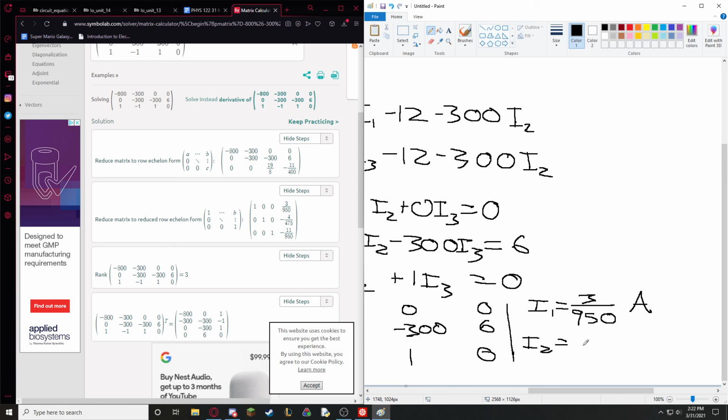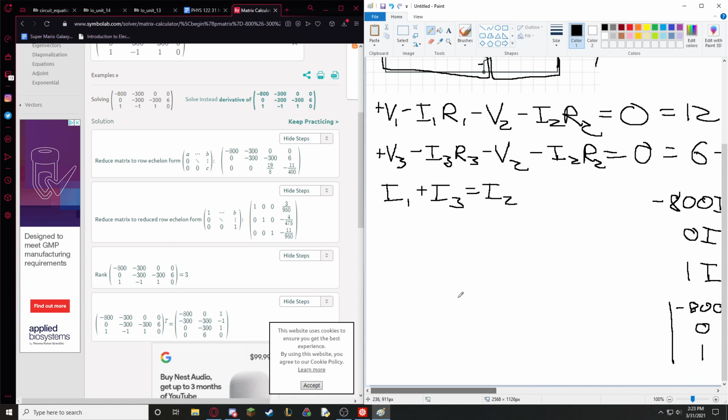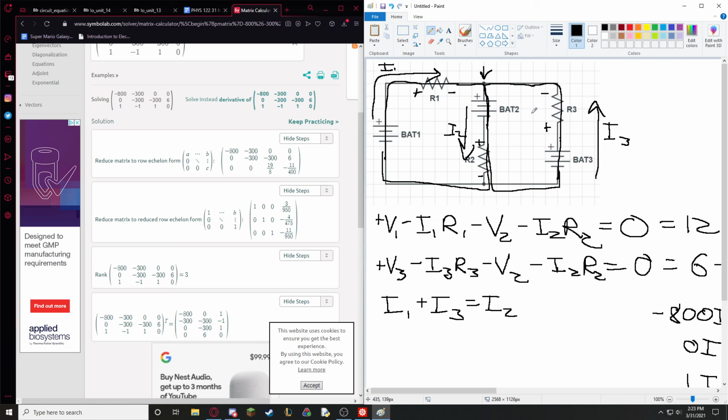I2 is going to be negative 4 over 475 amps. And I3 is equal to negative 11 over 950 amps.